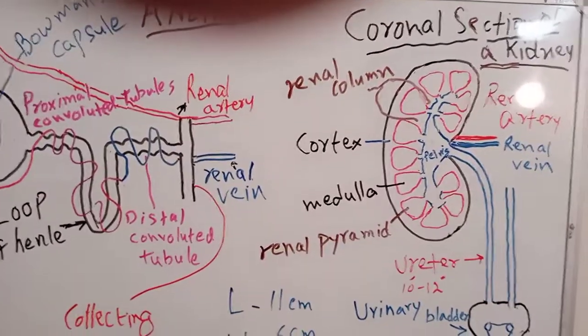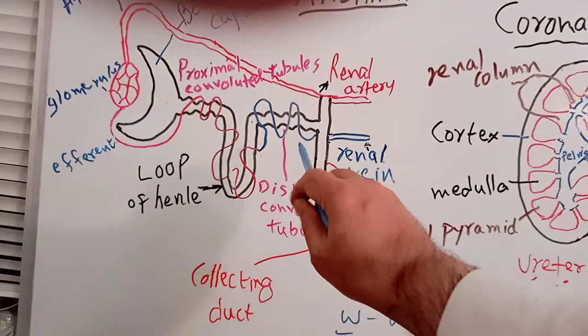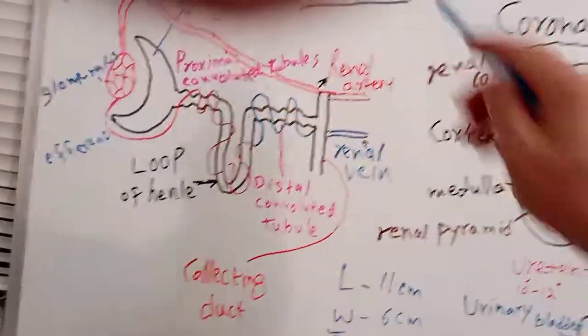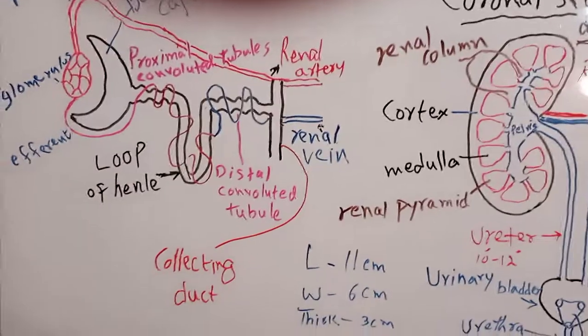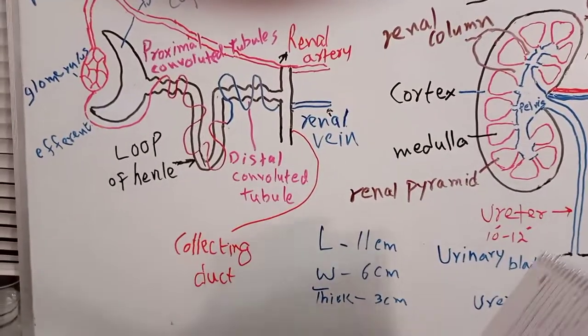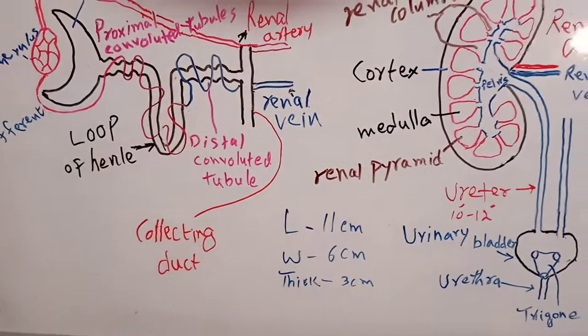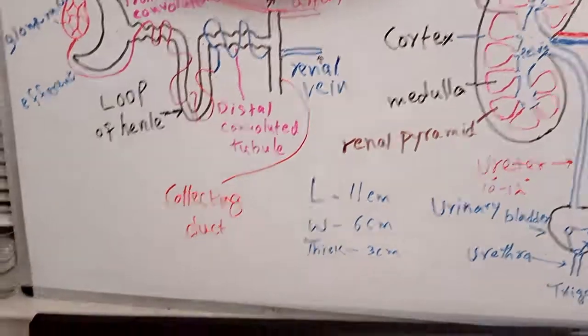That's why they need to be removed. But when they continue to travel, there are some things that are reabsorbed by the body because they are needed by the body, because water, sodium chloride, and bicarbonate are reabsorbed by the body.